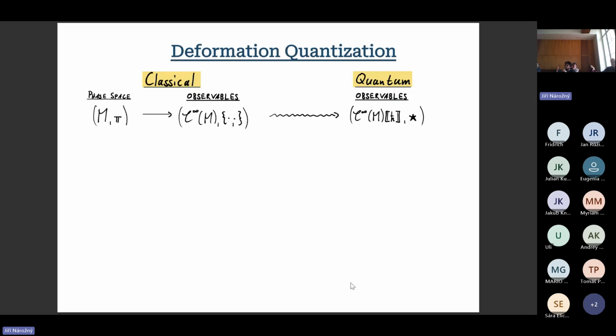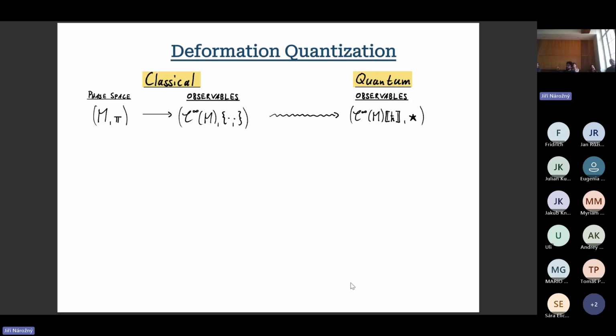So here I introduce formal power series on the functions. And what we want is a deformation of the pointwise commutative product that makes this into a, hopefully, in general non-commutative algebra, which we interpret as our algebra of observables for the quantum side.